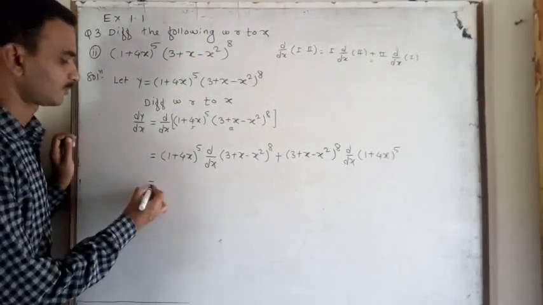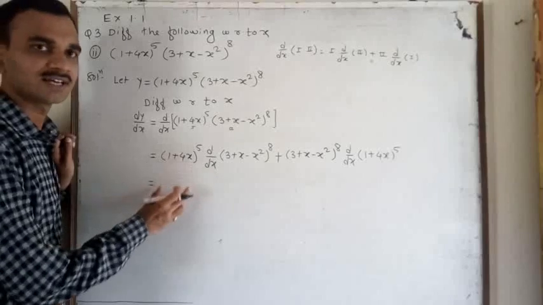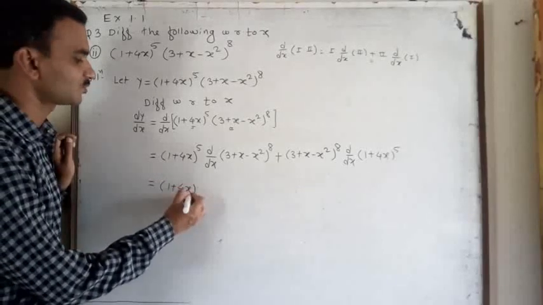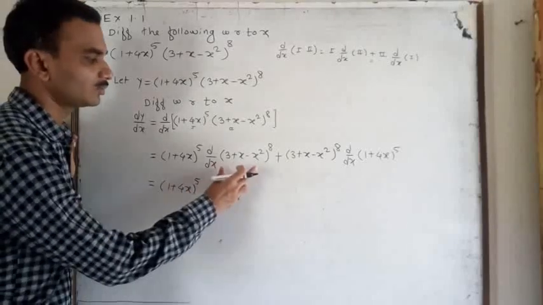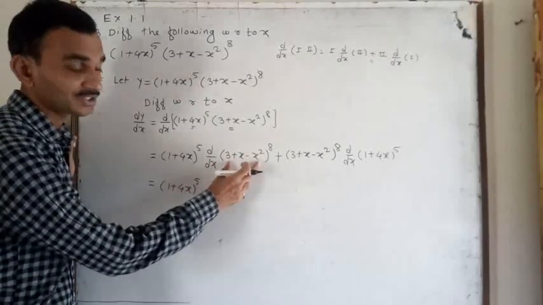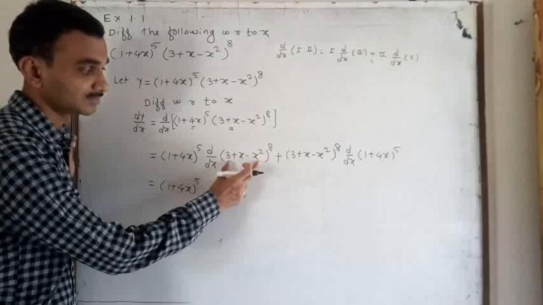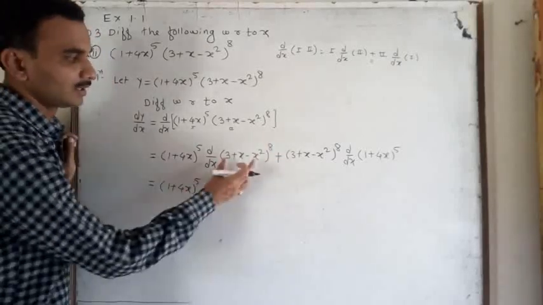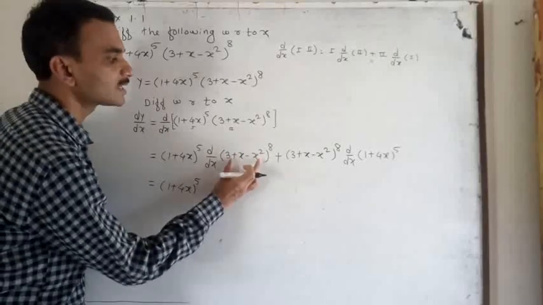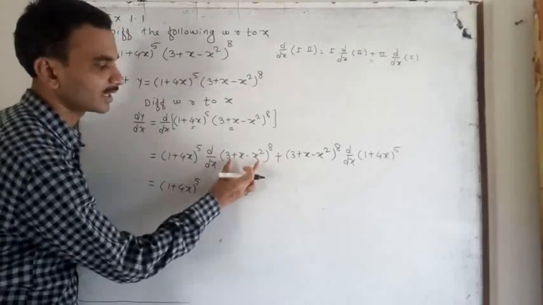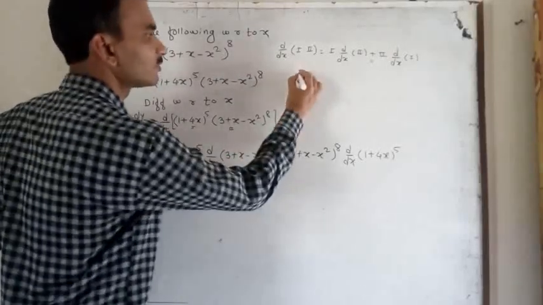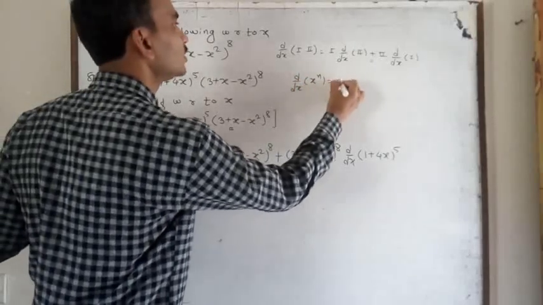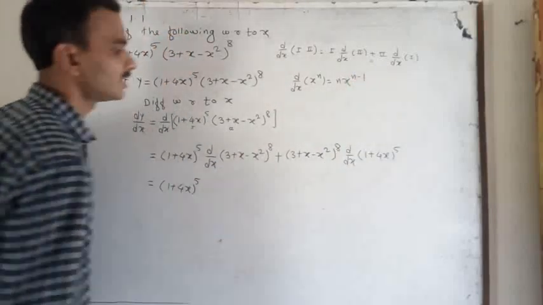Here this first term is as it is, 1 plus 4x raised to the power 5, and we have to differentiate the second term, that is 3 plus x minus x square raised to the power 8. We treat this term as x raised to the power n, and our formula for d/dx of x raised to the power n is n into x raised to the power n minus 1.